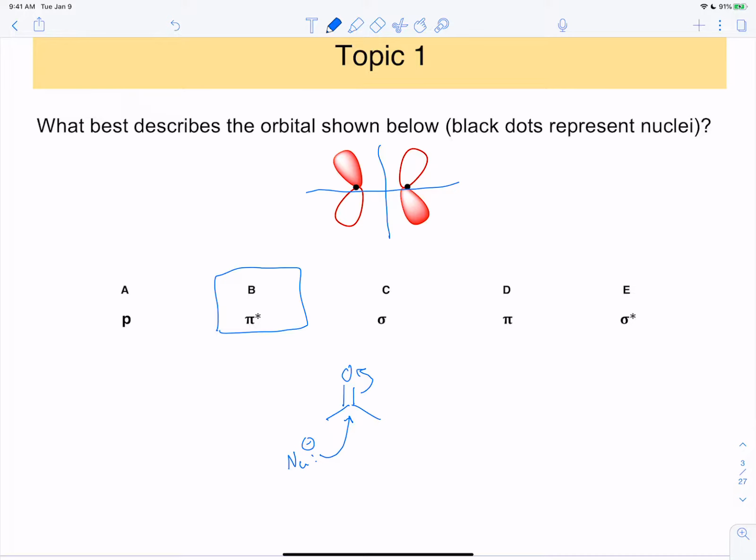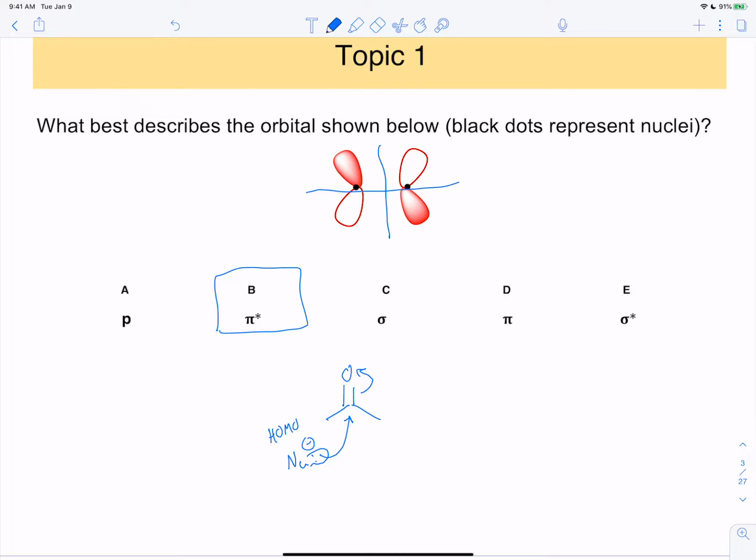And there's always a filled orbital and an unfilled orbital. In this case, our nucleophile has all of the electrons. This is the filled orbital. It's also called the highest occupied molecular orbital. And this is a lone pair that is attacking the carbonyl as shown.